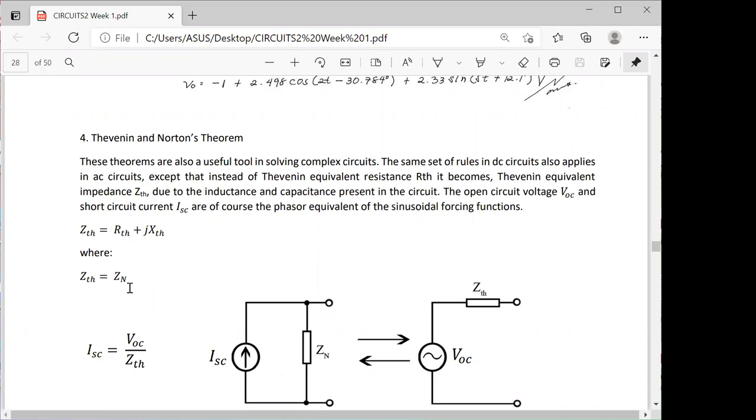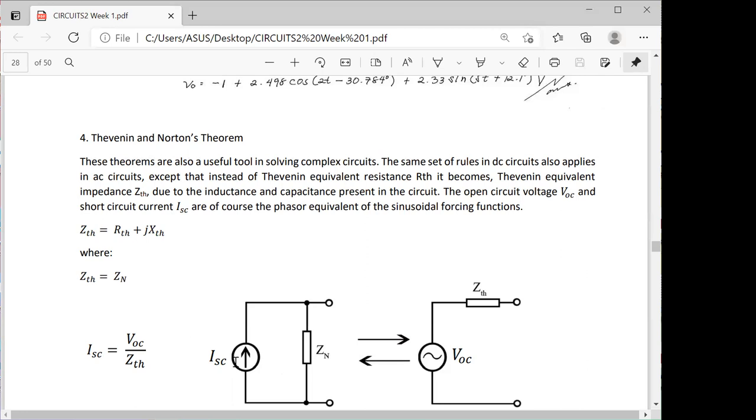So similar in here, since we're dealing with complex, we have this complex impedance, Z sub TH, equivalent to Z sub N, the Norton's equivalent impedance.